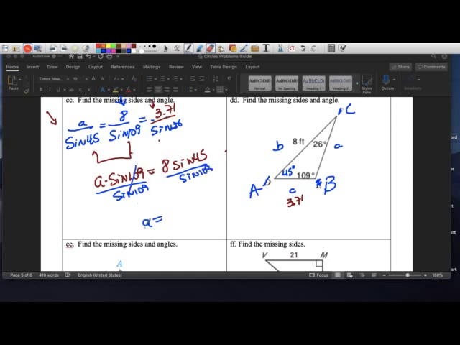That goes away, and a gets isolated. Let's put that in the calculator. 8 times sine 45 gives me 5.657, and divide that by sine 109. That gives us 5.98 rounded. So little a is 5.98. So there you go.